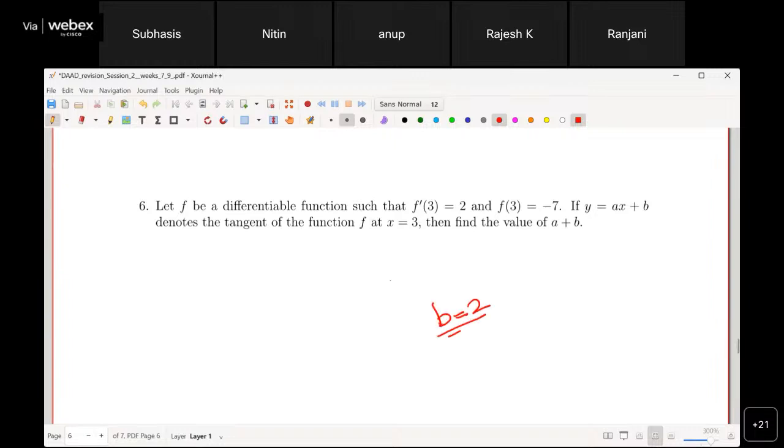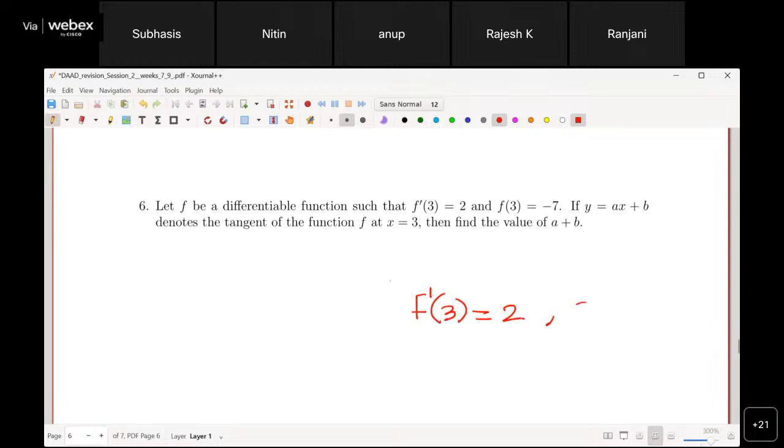You have taken the derivative of y equal to ax plus b, where y is a function f. So f dash of 3 is 2, right?